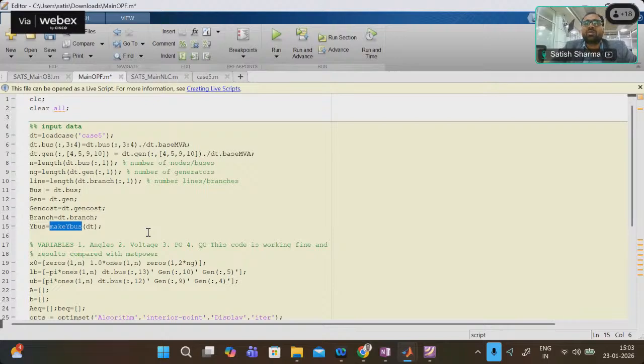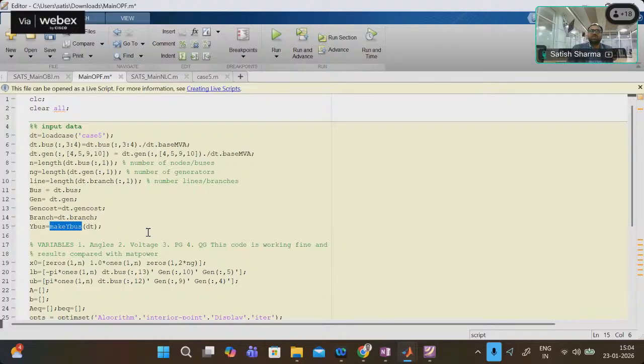Ybus is nothing but, at any particular bus, how many lines are connected, the summation of those admittances goes into the ybus matrix for that particular element, row and column. And all the off diagonal elements between i and j, if there is a connection between i and j, then it will be the admittance of that particular branch, and otherwise you can place 0.